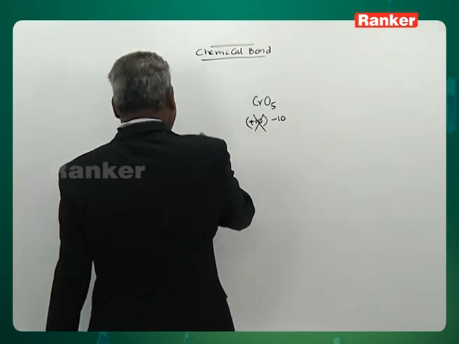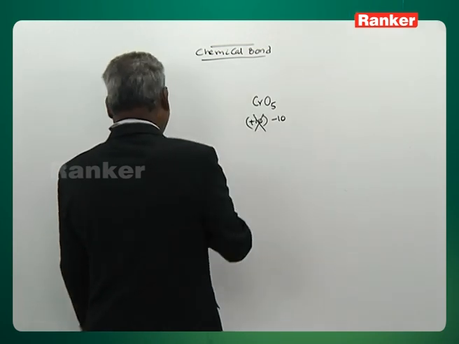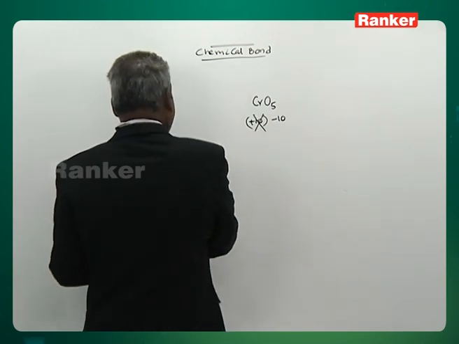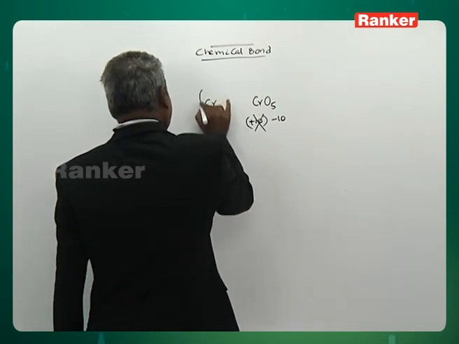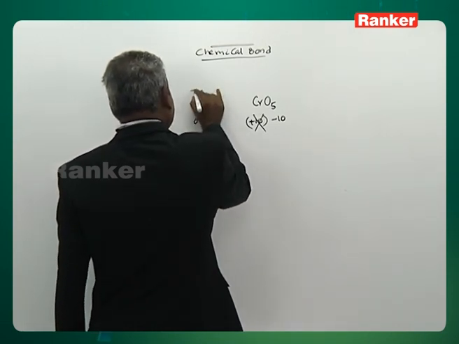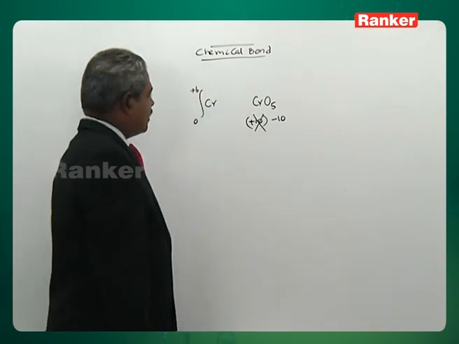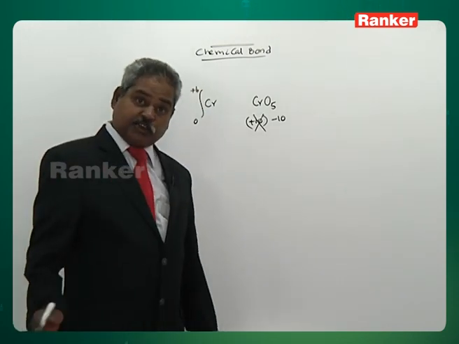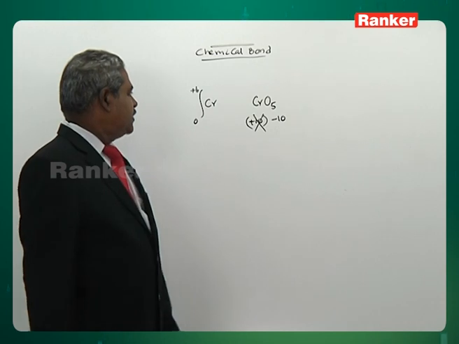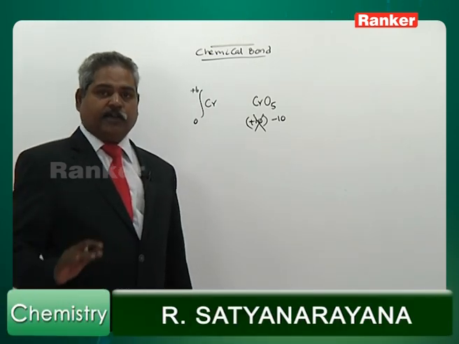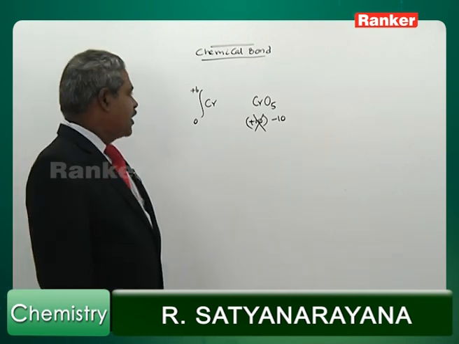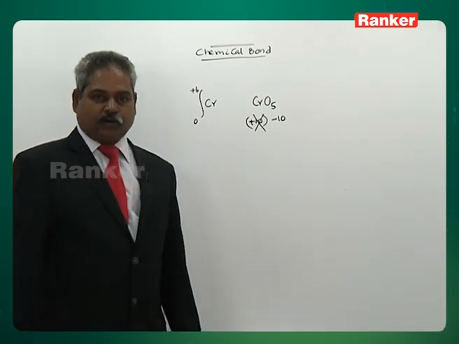Until now everybody is saying okay, okay. But this is not okay. Chromium says, sir, I can't afford 10 electrons because chromium belongs to the sixth group. 0 to +6, anything okay for chromium. +3 okay, +4 okay, +6 okay, but not +10. Therefore, what should oxygen do now? It should decrease its level. Instead of asking for 2 electrons, it should be satisfied with 1 electron.